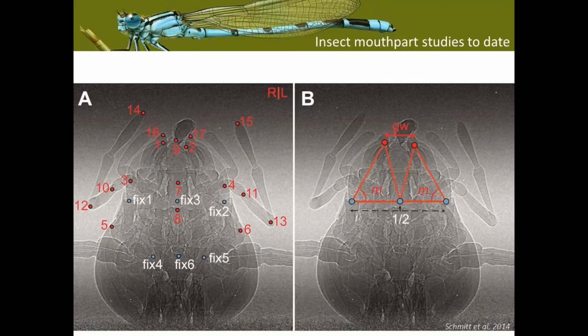So when we take a brief look at the studies already out there, which handle mouth part kinematics in insects, we see that these studies are mainly handling insect mouth part kinematics in 2 dimensions.